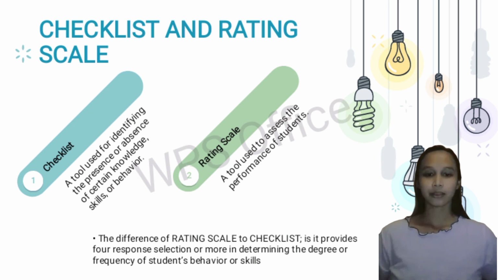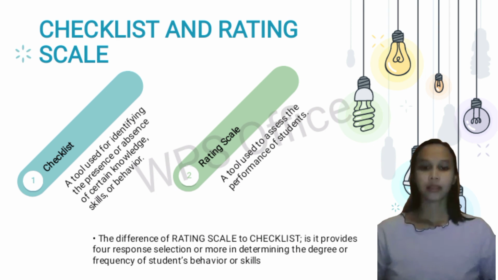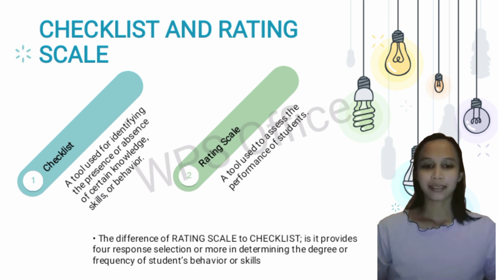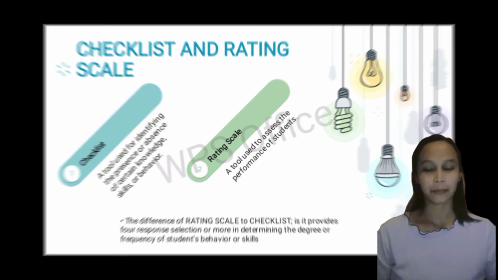So the difference of a rating scale to a checklist is it provides 4 response selections or more in determining the degree or frequency of a student's behavioral skills. So the 4 response selections of a rating scale are agree, disagree, strongly agree, and strongly disagree.